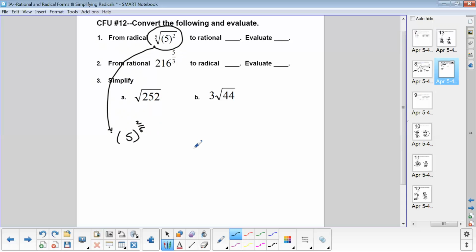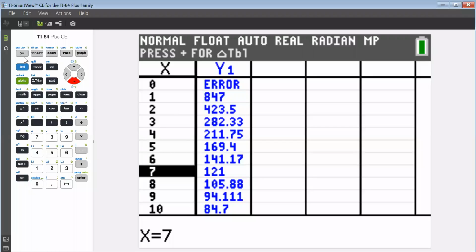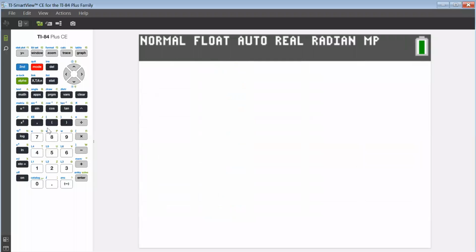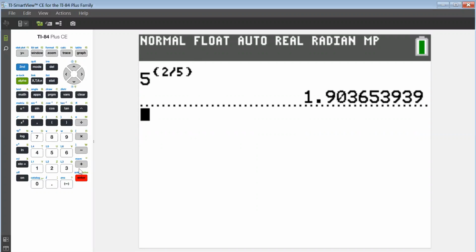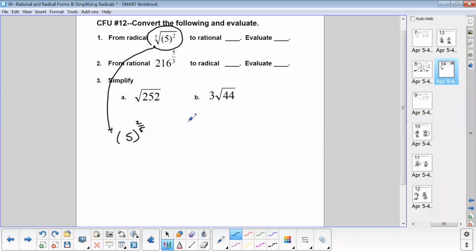And if you want to evaluate that, you type 5 raised to the 2 divided by 5 power, hit enter, and you get about 1 and 9/10.